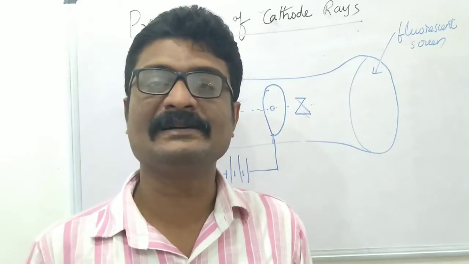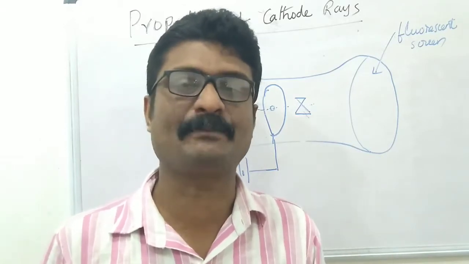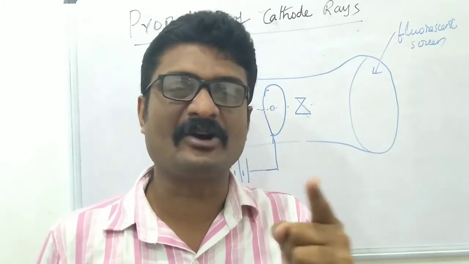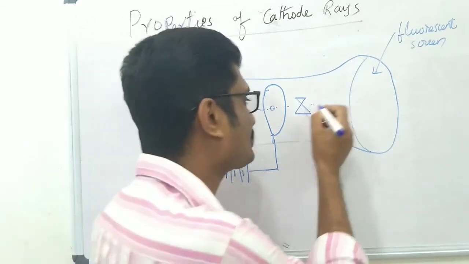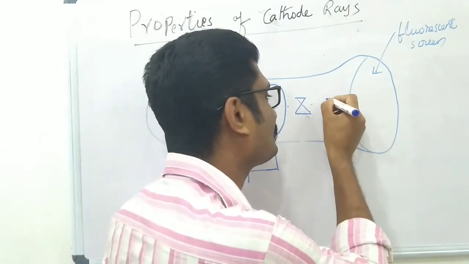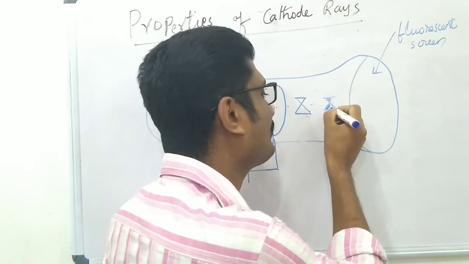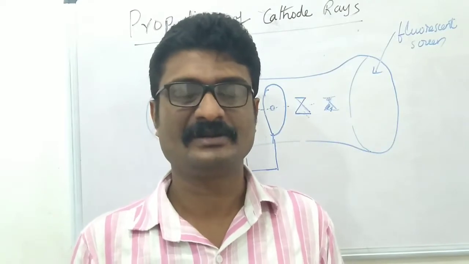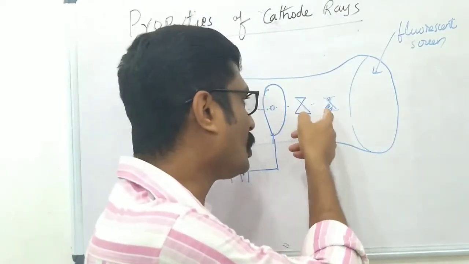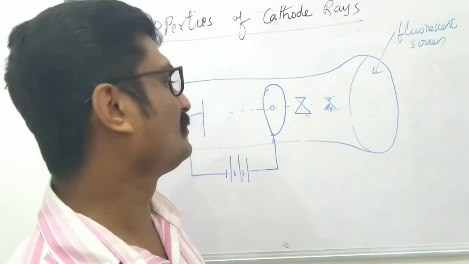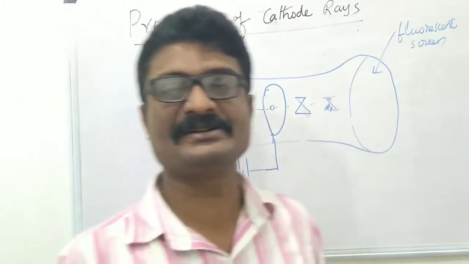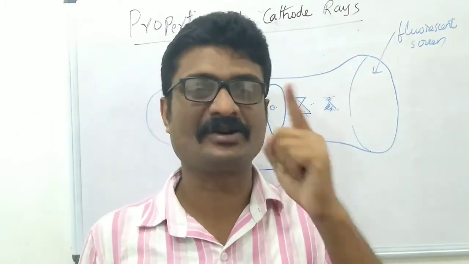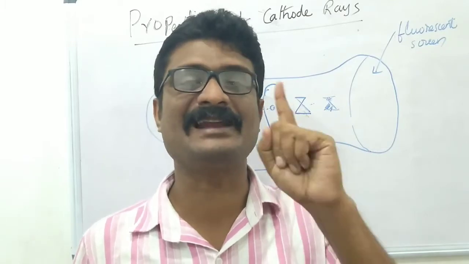When a solid object is placed in the path of cathode rays, its shadow can be noticed behind it. Just behind this object we can observe the shadow of that solid object. This shows that cathode rays travel in straight lines.